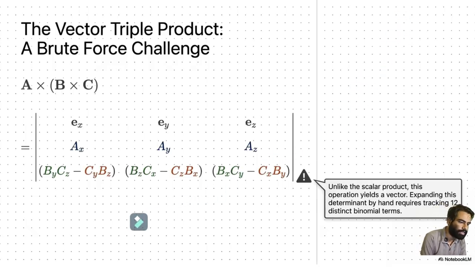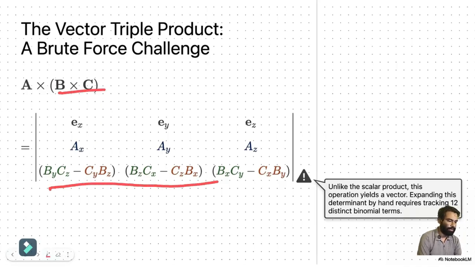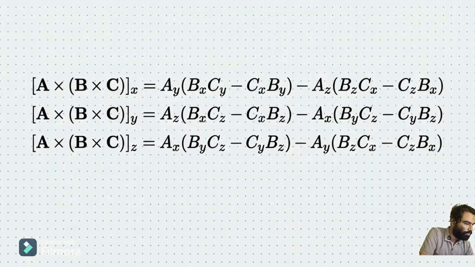The first thing is, we already know the b cross c, which has components along x, along y, and along z, and we already know how to find the cross product. Now let's find this product finally.